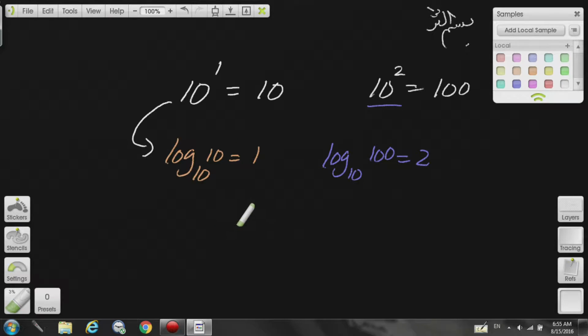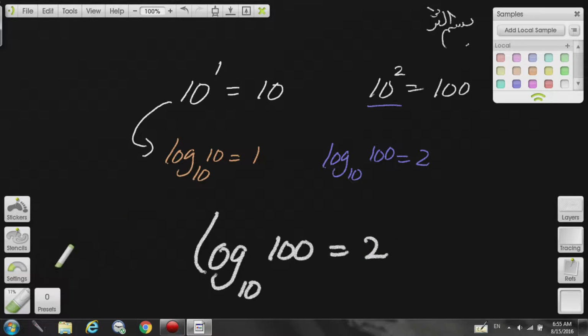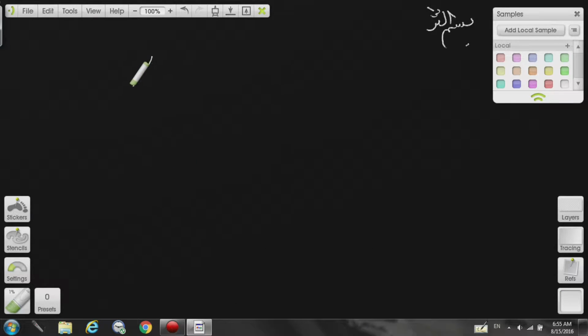Log base 10 of 100 equals, I'm just writing this big so I can illustrate. In my mind, I imagine 10 to what power equals 100? 10 to the second power equals 100. So log base 10 of 100 is 2. 10 to what power equals 10? That's 1.